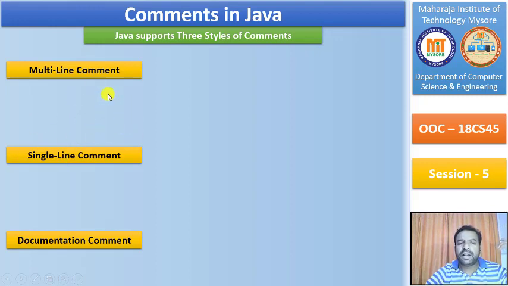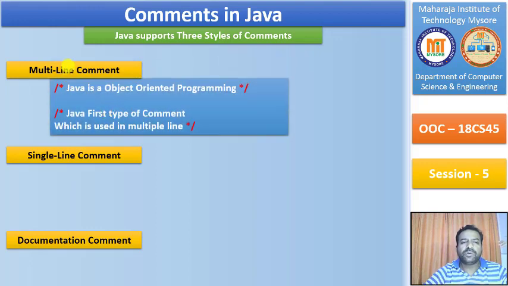Now what is a multi-line comment? You are already aware of this. We use slash and asterisk, put whatever you want, and end with asterisk and slash. This is the start of the comment and this is the end of the comment. Whatever you put in between is a comment and will not be part of execution; during compilation itself, it will be removed from the object code.